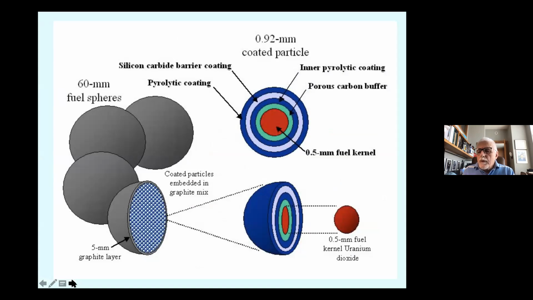The reactors using these kinds of fuels can go to very high temperatures. These particles, the big particles you can see on the top there, are 92 millimeters, so less than a centimeter in size. They will not burn up in a reactor, and they can go to very high temperatures, which produce higher temperature steam, and that means more power.